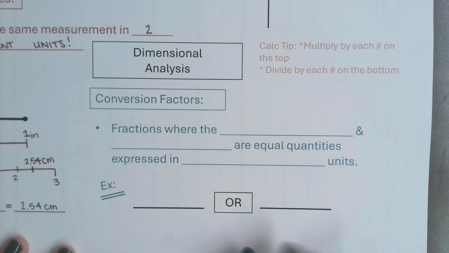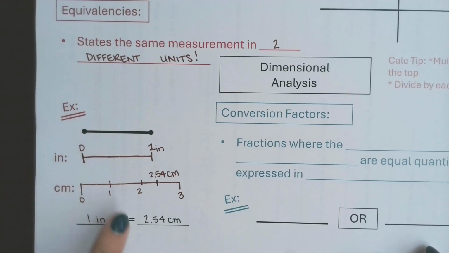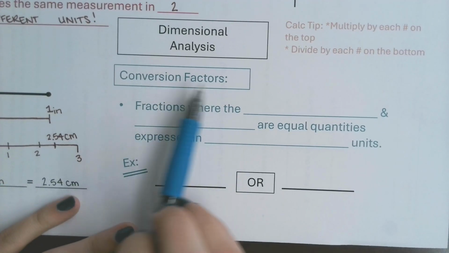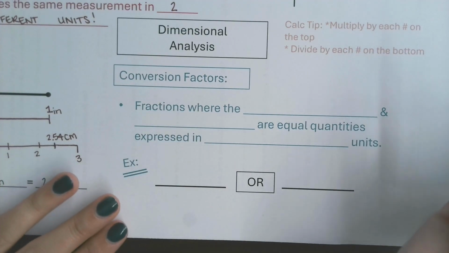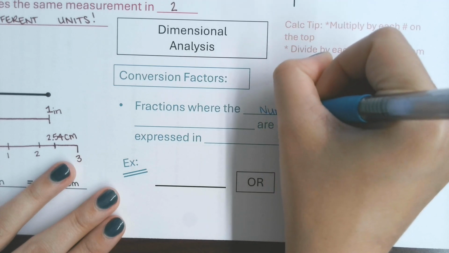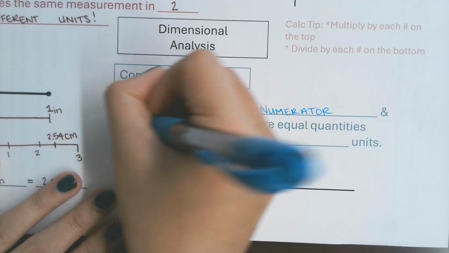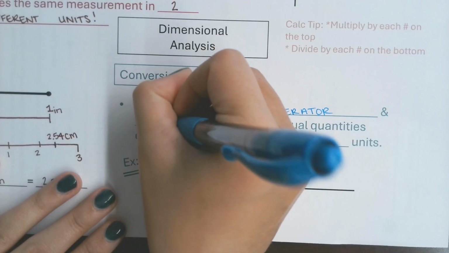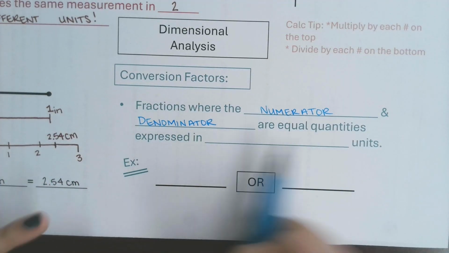You then can use those equivalencies to make what we call a conversion factor. So this is where we're going to take an equivalency that has an equal sign, and a factor means a fraction. So we're going to turn it into a fraction where the numerator, that's your number on top, and denominator, that's your number on the bottom, are equal quantities.